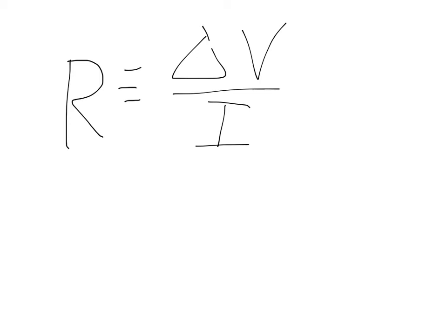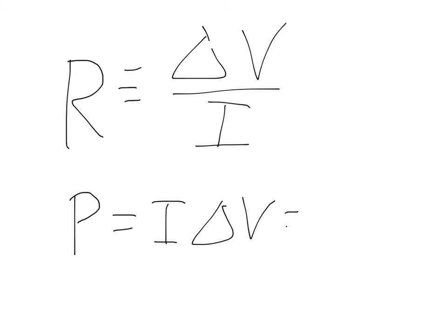Now that means we could rearrange that equation that referred to the power in some sort of circuit and replace it with our new definition of resistance. There are two different ways that we could do that. We could replace the voltage in this power equation, or we could replace the current in it. The reason we might want two different versions is in case we know one variable and not the other.